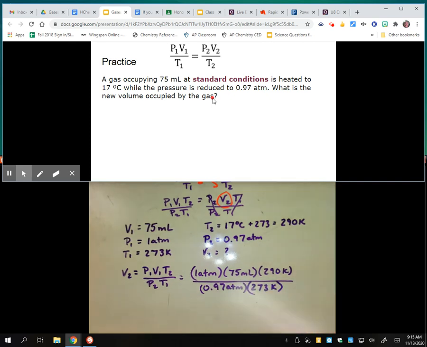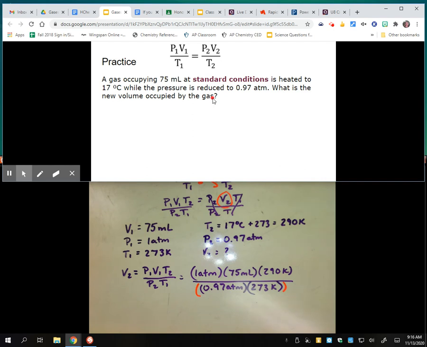Again, the most common mistake is students will switch our temperatures and not follow the formula that they just rearranged. Okay, do make sure that you master your calculator, and if you're doing this in one fell swoop on your calculator, you put everything on the bottom in one set of parentheses.